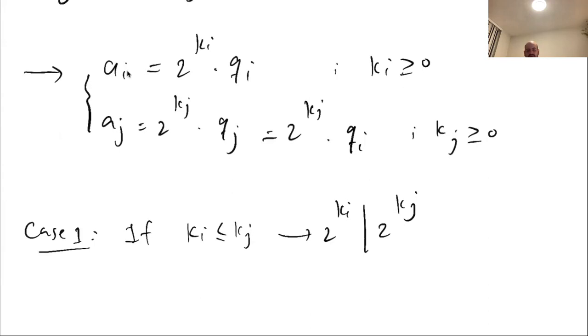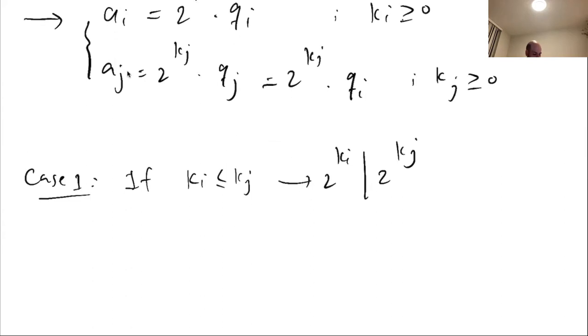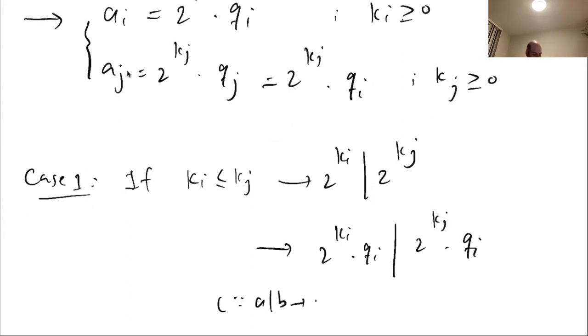If KI is less than or equal to KJ, 2 to the power KI is a factor of 2 to the power KJ, and therefore I can say that 2 to the power KI times QI divides 2 to the power KJ times QI, right? If A divides B, then AC divides BC. A divides B implies AC divides BC.